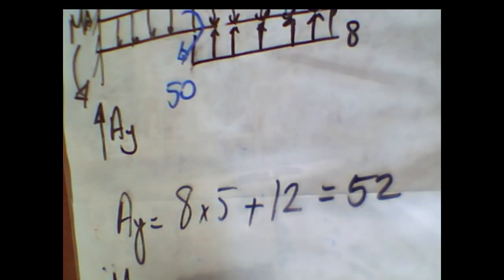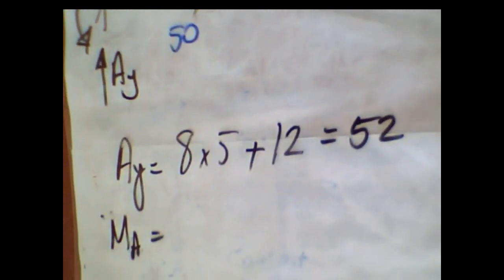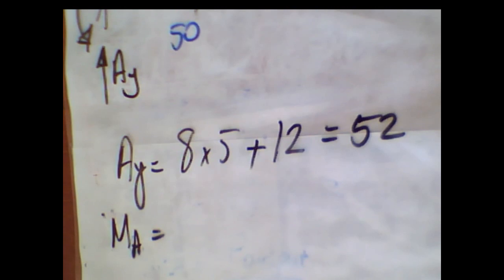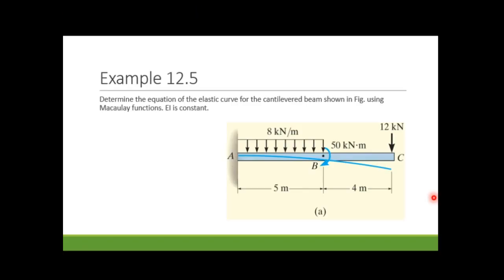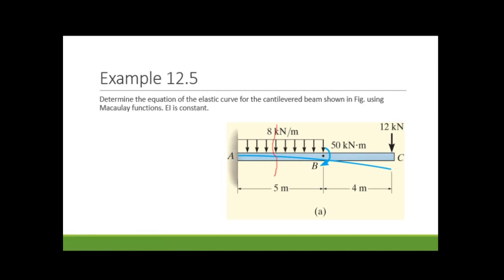How can we obtain the moment A? Moment A is equal to, let's see, from statics, I want to go a little bit fast. So you can see 8 times 5 is 40. Like here, this is 40 here. This value is 2.5.